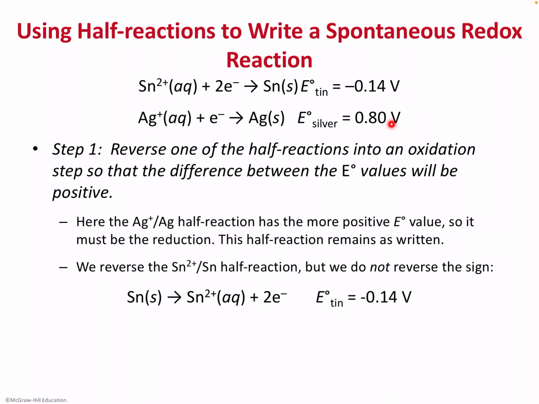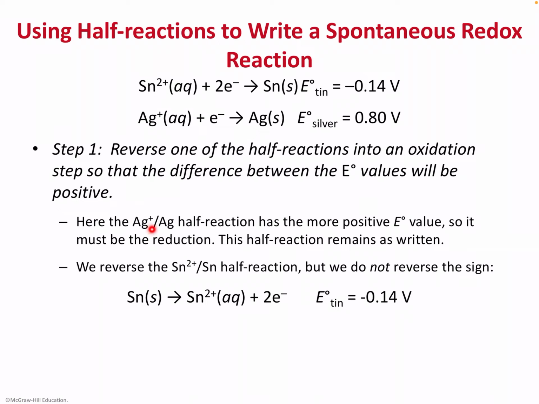Now our goal is to get a positive value for the E-note cell. Remember, E-note cell is E-note cathode minus E-note anode. Step 1, reverse one of the half reactions into an oxidation step so that the difference between E-note values will be positive.